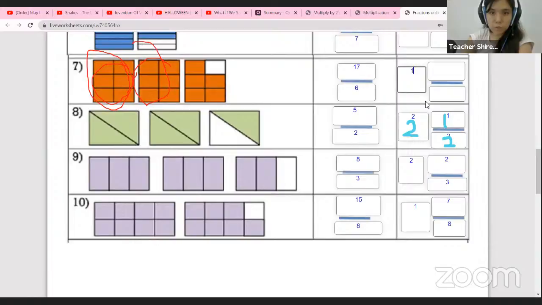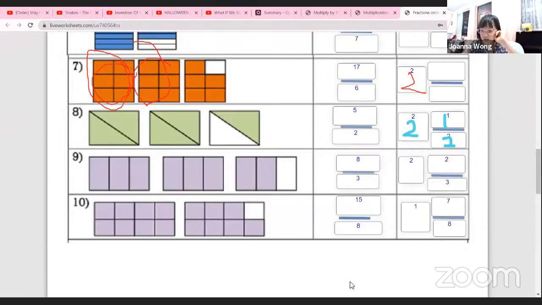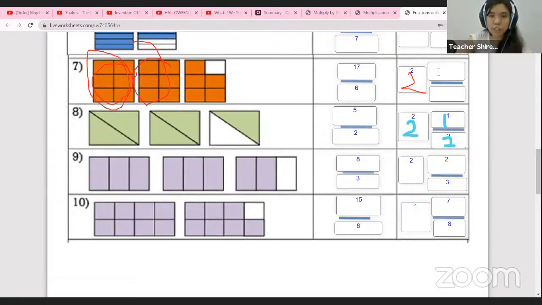So this is 2. Understand? So this is a fraction. Okay, so this is 2 whole pieces. How about the fraction here?